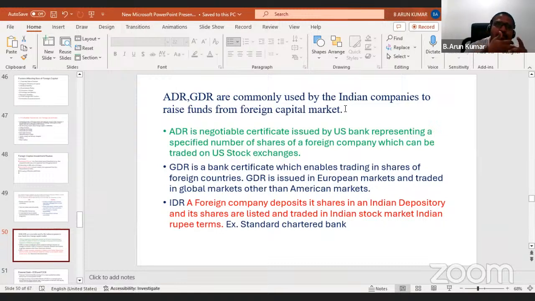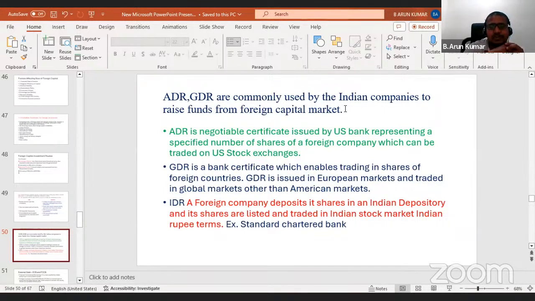Like our Indian company shares trade in the US stock exchange, they purchase those shares, and the value is shown in US dollars. Based on that, the US bank gives permission to trade the shares in the American stock exchange. Then we call them American depository receipts.